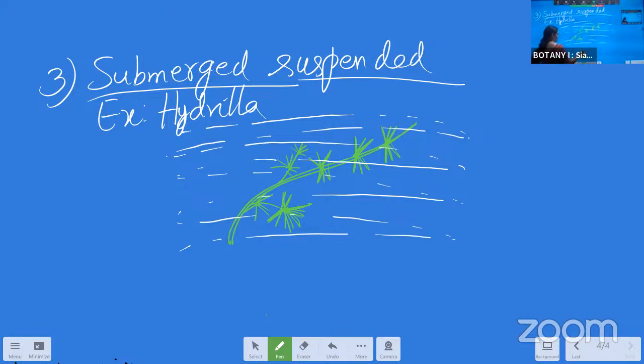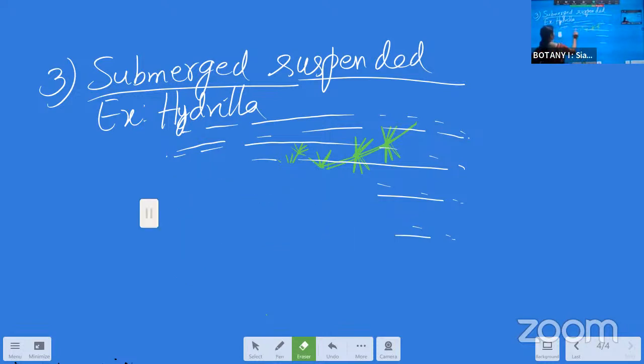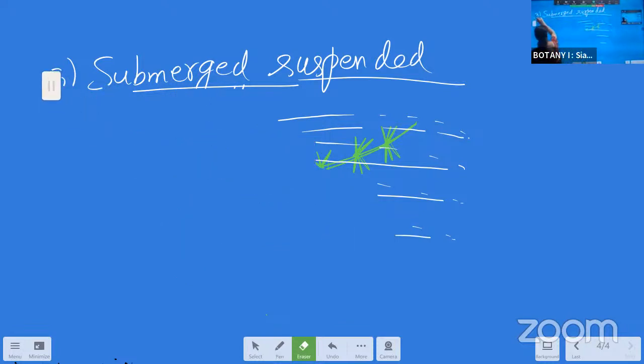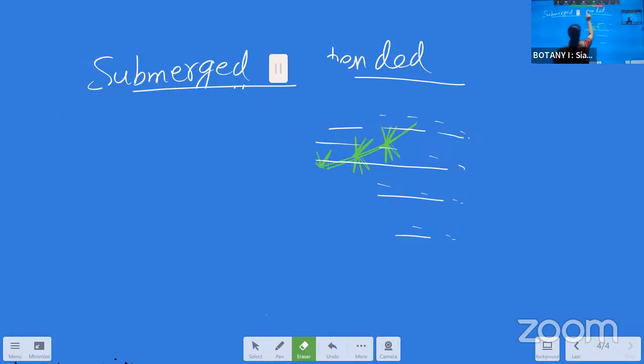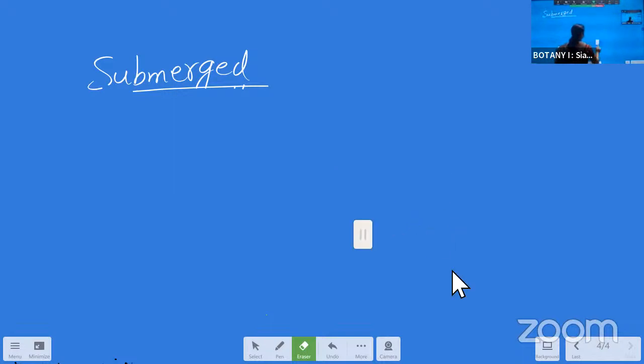Okay, and now comes the fourth one, that is the submerged rooted hydrophyte.